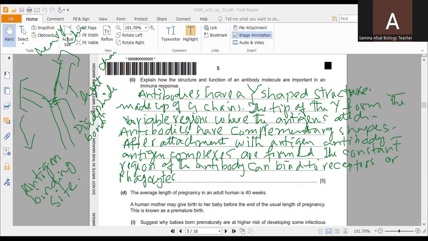And you know, the phagocytes do the process of phagocytosis. Phagocytosis is the engulfing of the microbes. That is, the phagocytes engulf the microorganisms which are neutralized or killed by the lymphocytes.